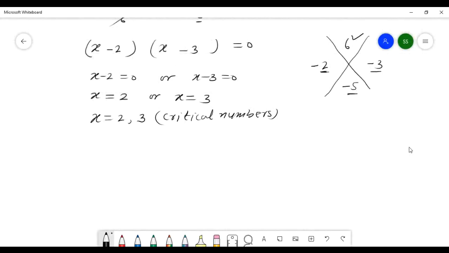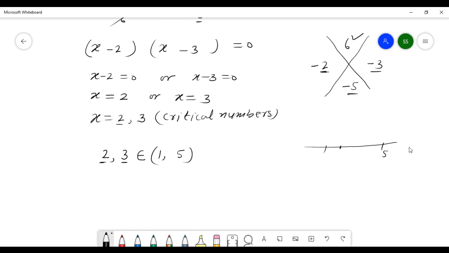Right? First you have to find the critical numbers. Now look, these two critical numbers, 2 and 3, are they in the closed interval [1, 5]? Yes, 2 is in the interval and 3 is also in the interval, between 1 and 5.